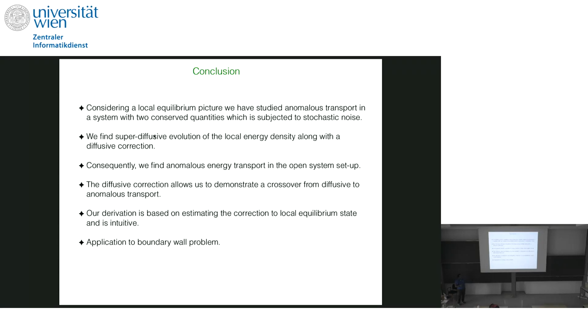From this, we find super-diffusive evolution for the local energy density along with the diffusive correction, and that allows us to demonstrate a crossover from diffusive to anomalous transport. Our derivation is based on estimating corrections from the local equilibrium state, and I believe it is intuitive.